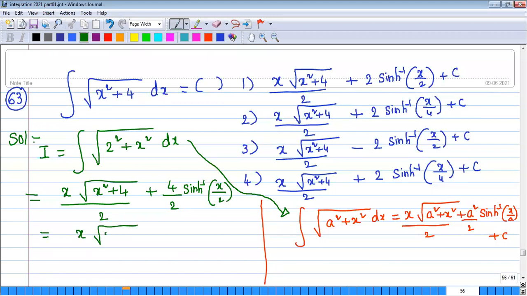So x root of x square plus 4 upon 2, 4 by 2 is 2, sinh inverse x by 2 plus constant of integration. First option is the right option.